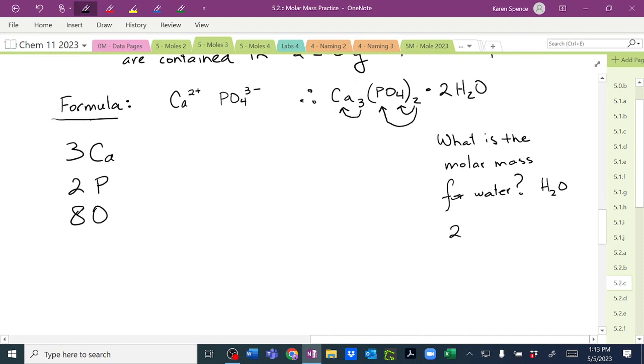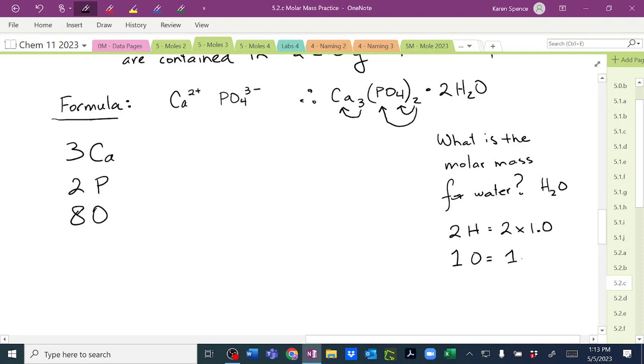If not, you can say I have 2 hydrogen and I have 1 oxygen. And hydrogen is going to be 2 times, what's the molar mass of hydrogen? 1 point, not just 1, but 1.0. Your point zeros are important. If you do not write your point zeros, you will not get full credit, okay, because you'll be dropping sig figs.